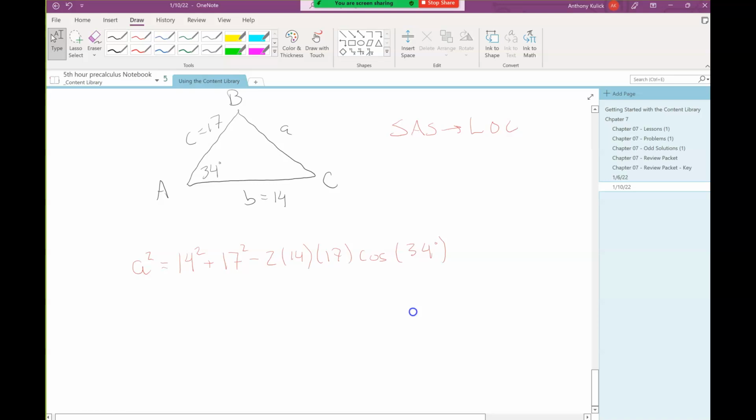I want to get a. What do I have to do? Square root, right? Do I have to worry about the plus or minus? No, because we're talking about a side length of a triangle, so we know it has to be a positive number. There's no plus or minus.